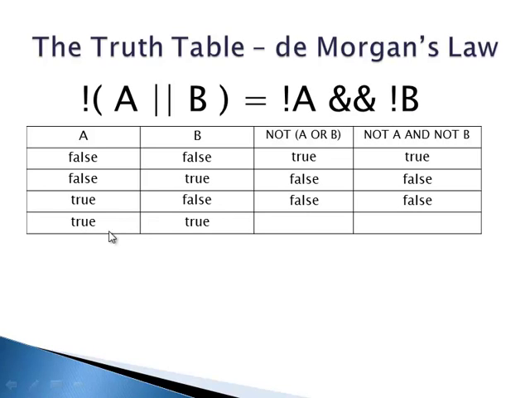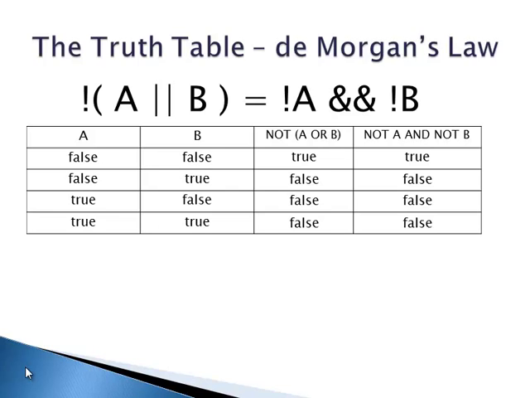And finally, when I have true and true, true or true resolves to true, is negated, and becomes false. And if I have a not true and not true here, certainly that comes out as false as well. So we can show through De Morgan's law, with both a logical analysis and simply using the truth table as evidence, that these two are equivalent.